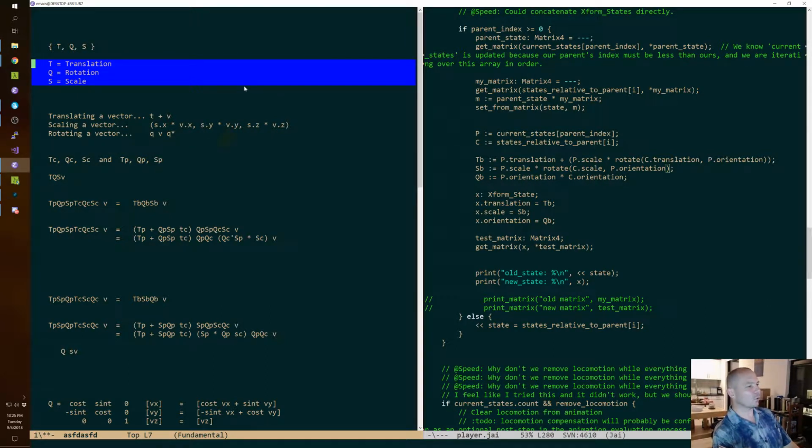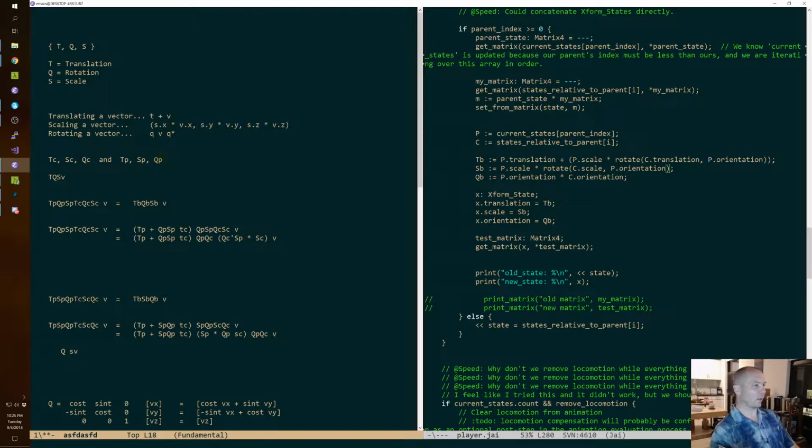So now what I'm trying to do is not do that. I'm trying to combine them directly. So if I have a translation, rotation, and scale for a child and for the parent, then combine them.